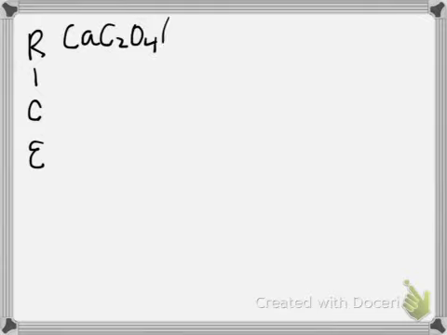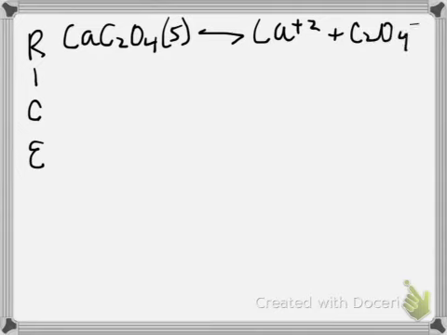So we're going to set up our Rice table showing calcium oxalate solid trying to dissolve as much as it can, calcium and oxalate. Good news here is it's just 1-to-1 ratio for calcium and oxalate, so nothing crazy is going on with coefficients.